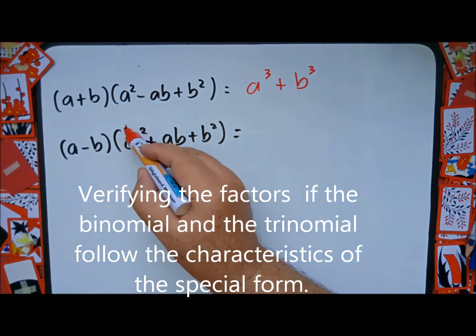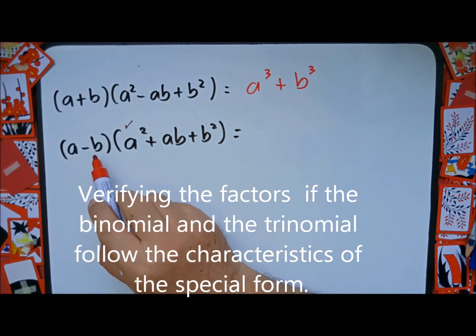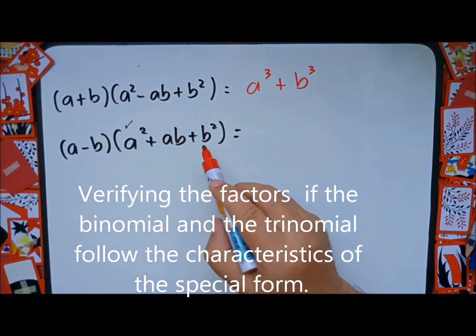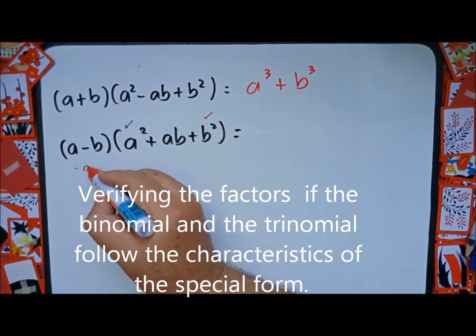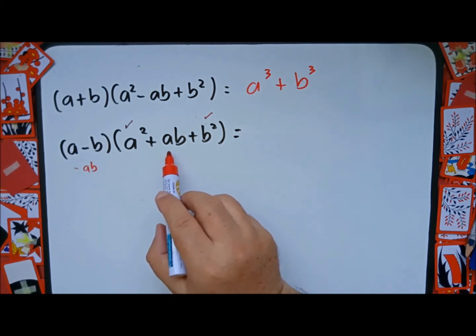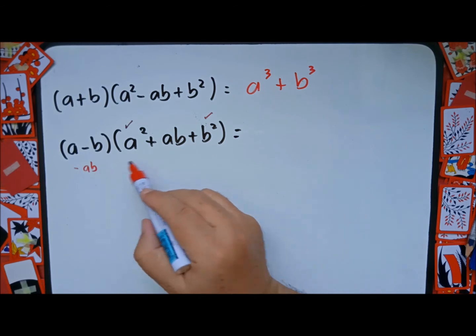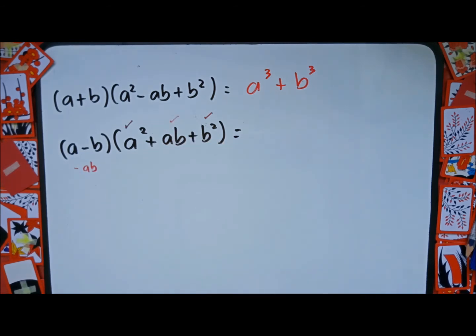Check. The last term must be the square of the last term here. So negative b times negative b will become b squared. Check. The product of these two terms, a times negative b will become negative ab, is the opposite of this term. Yes, negative ab is the opposite of positive ab. So check. So this is also a special product.